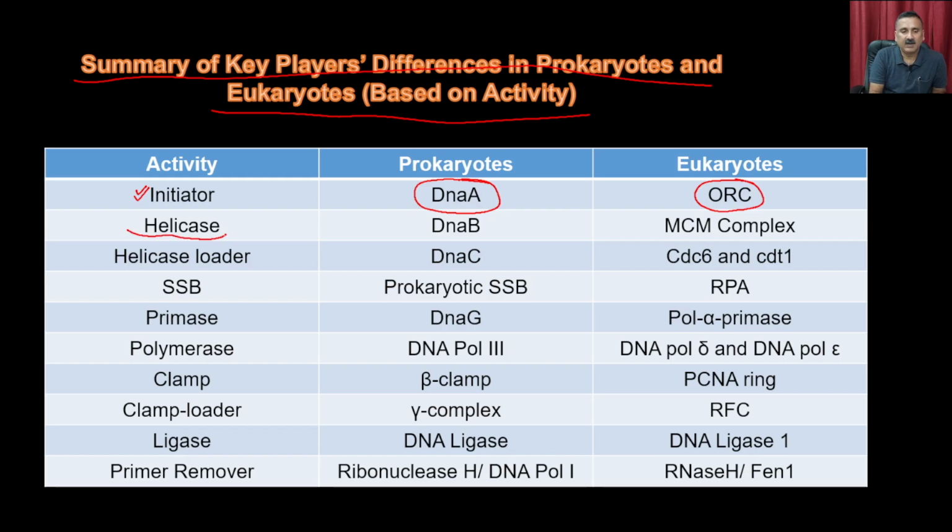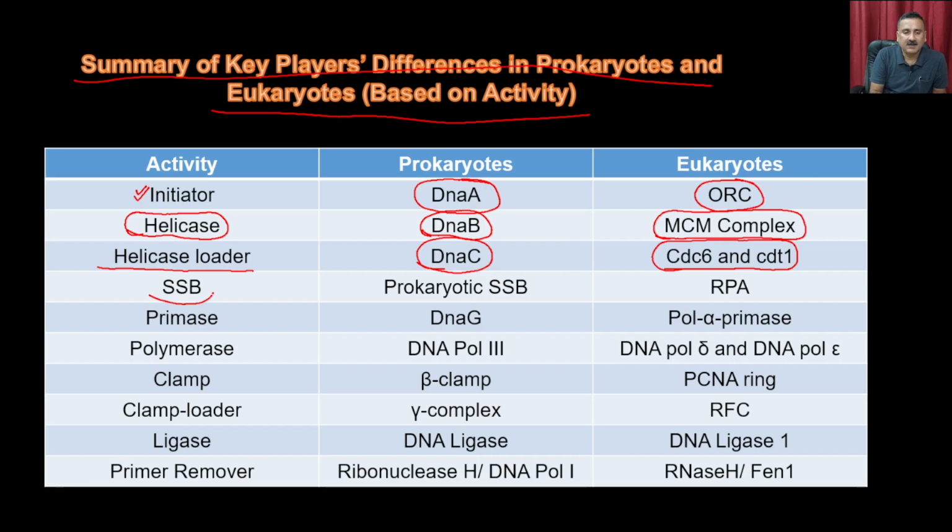Then you have the activity of helicase, which unwinds the DNA, and it is DnaB, whereas this is done by the MCM complex in the eukaryotic system. Then you have the helicase loader, which is DnaC, whereas the same function is done by CDC6 and CDT1. You do not have to worry about all these proteins, because when we talk about eukaryotic replication, we will discuss all of these.